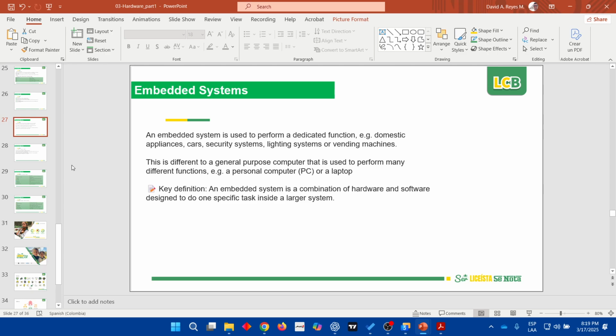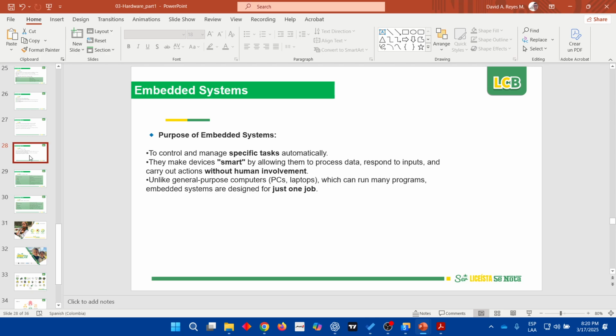The humidity is not enough, so it sends information to the actuator. The actuator is the part that is going to put water on the plants. Okay, so we have sensors, CPU or microprocessors, and actuators.